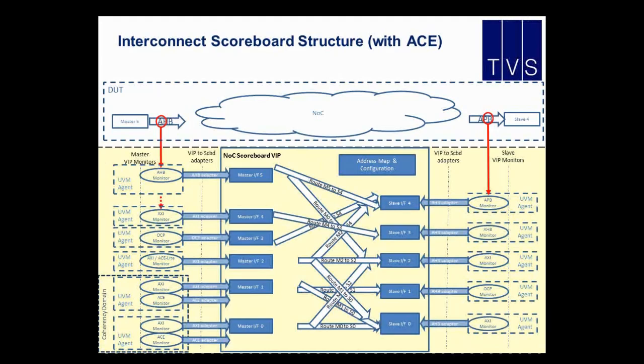The scoreboard has all the information of a transaction going all the path from the master to the slave and then getting back to the master. So it can record all the timing, all the information that is required for the performance analysis. Now the scoreboard is just a scoreboard.